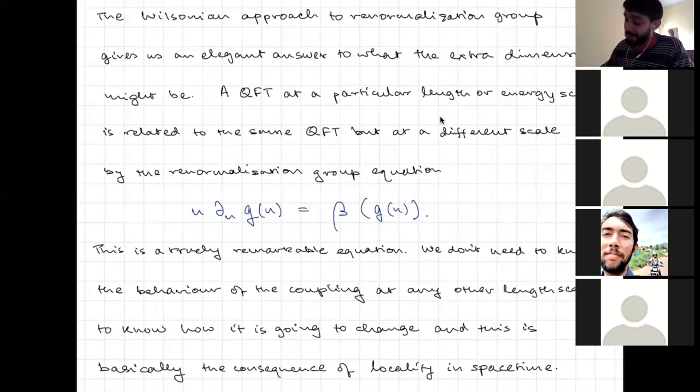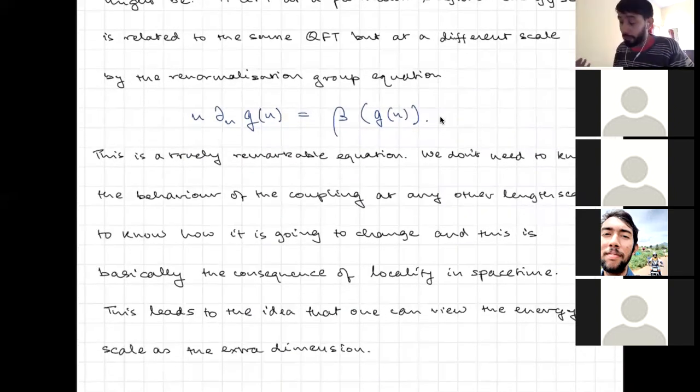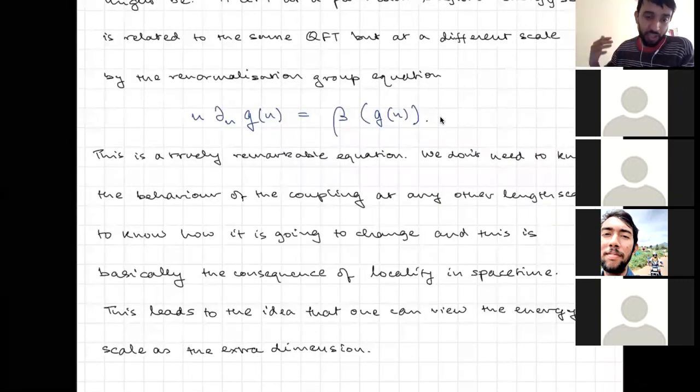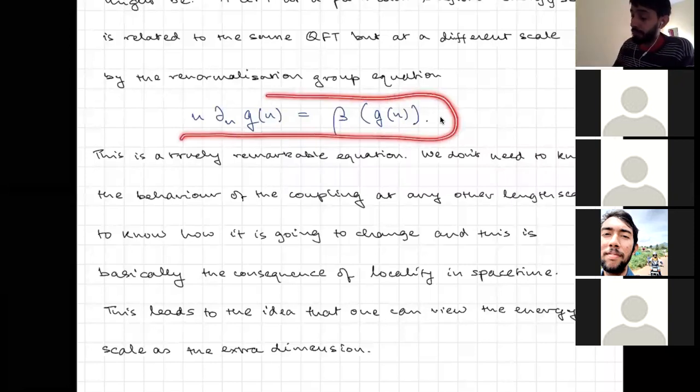And this, in a sense, gives us the hint of what we are looking for. We can think of this extra direction as being the energy scale of the field theory. So that, in a sense, gives us this sort of extra direction. So this is what we want to actually work on.